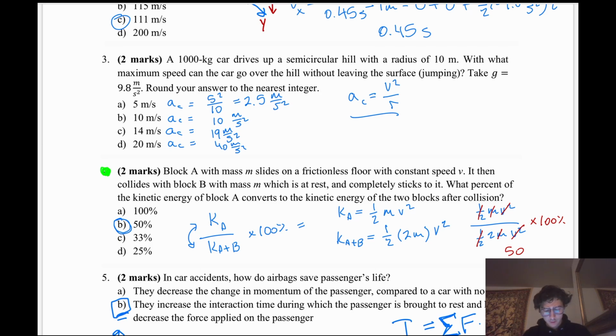And then it says round your answer to the nearest integer. So if you're going 9.8 meters per second times 9.8 meters per second divided by 10, you get 9.6 meters per second squared, and then you round that up to 10. So hopefully that makes sense, but I think this is the answer. You can go 10 meters per second.